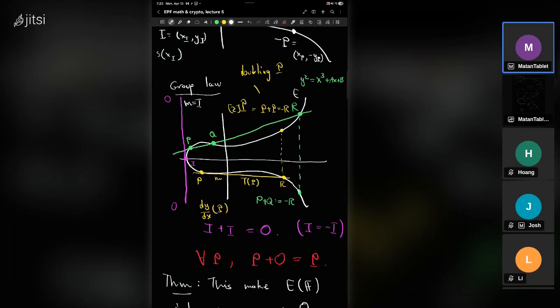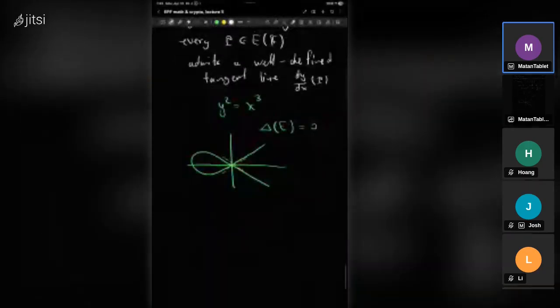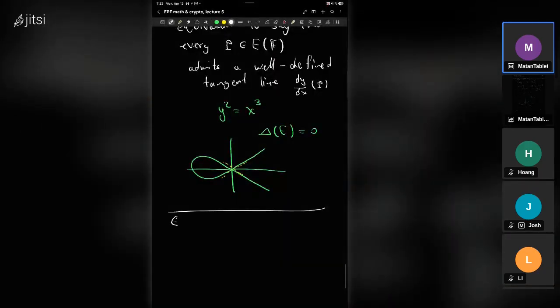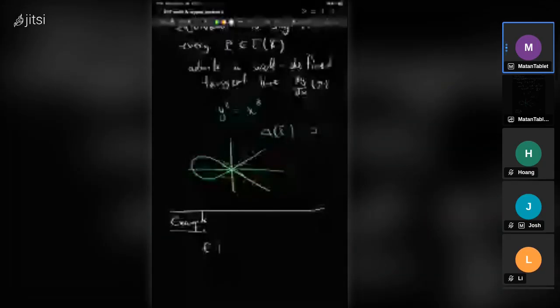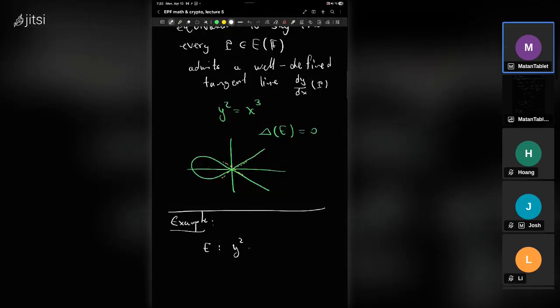Okay, so let's do an example. I take E to be the following curve: y squared equals x cubed plus x plus 1 over F5. So this is a toy example, okay?